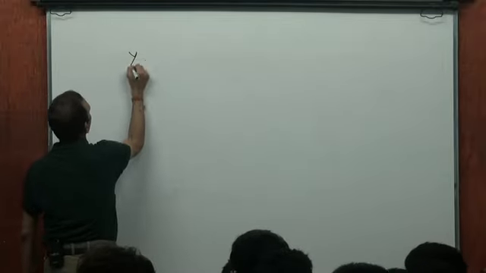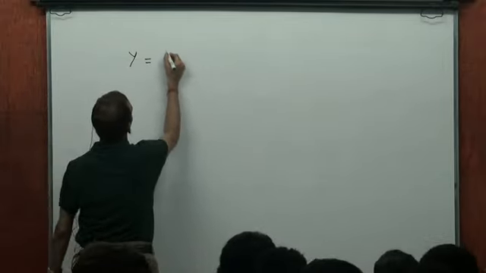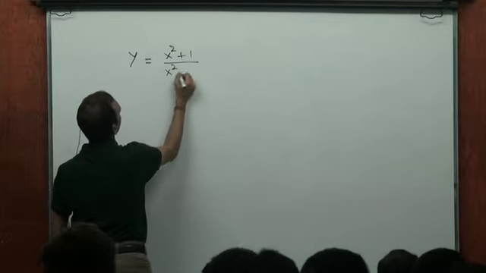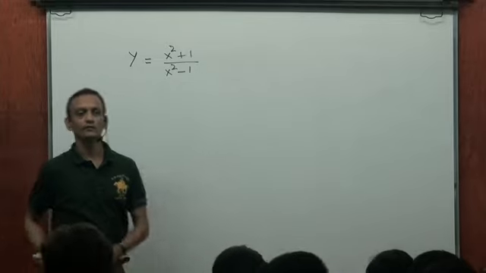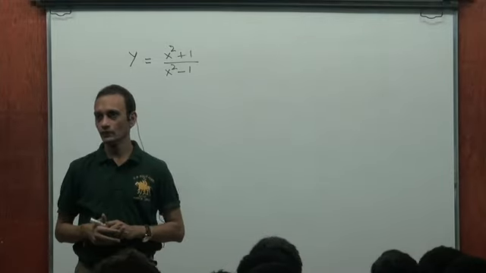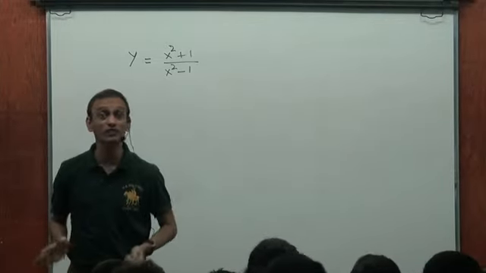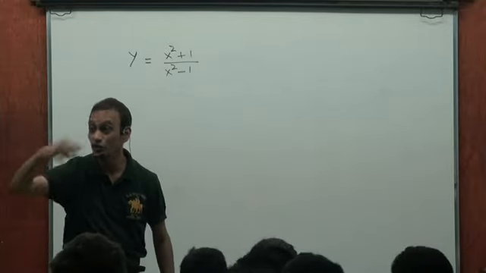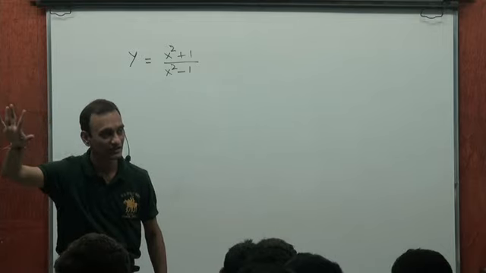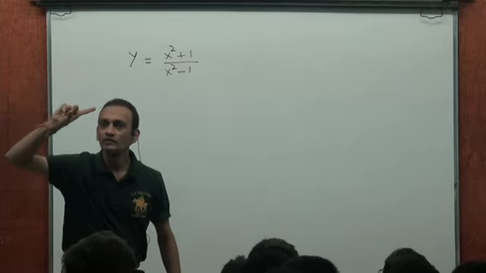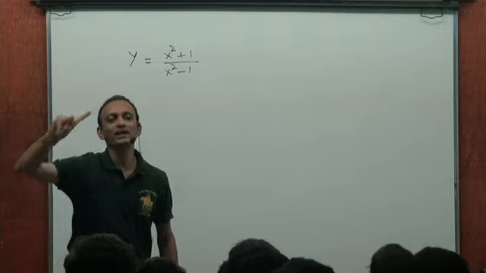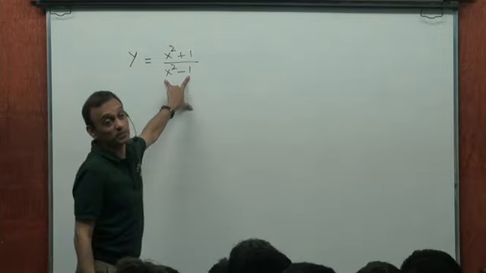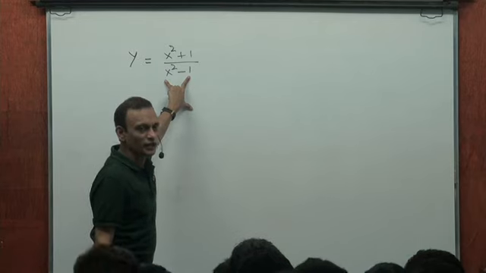Let me now trace, say, y equal to (x squared plus 1) by (x squared minus 1). What appears blatantly should be the first thing you register, rather than doing things in the order in which I suggested. That order is rubbish. Okay? In this case, one readily available thing is that x minus 1 and x plus 1 appear as factors in the denominator.